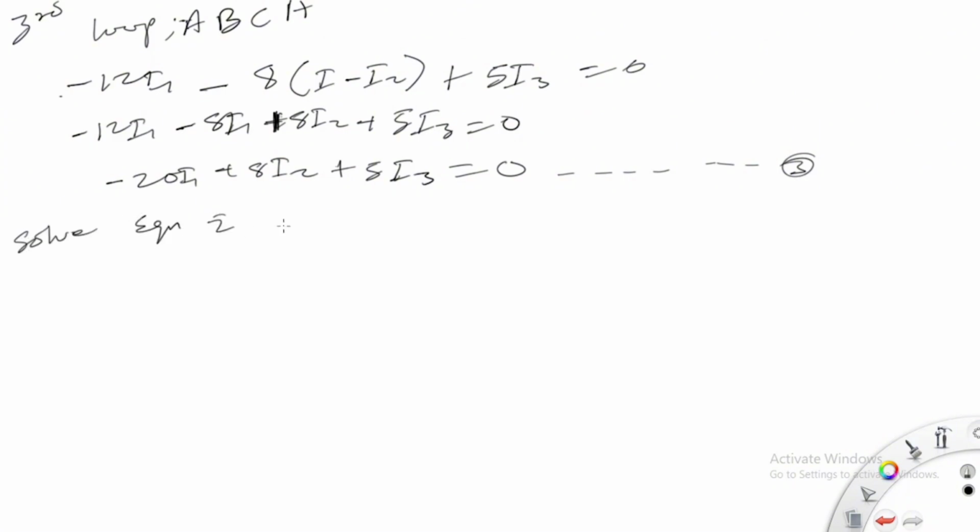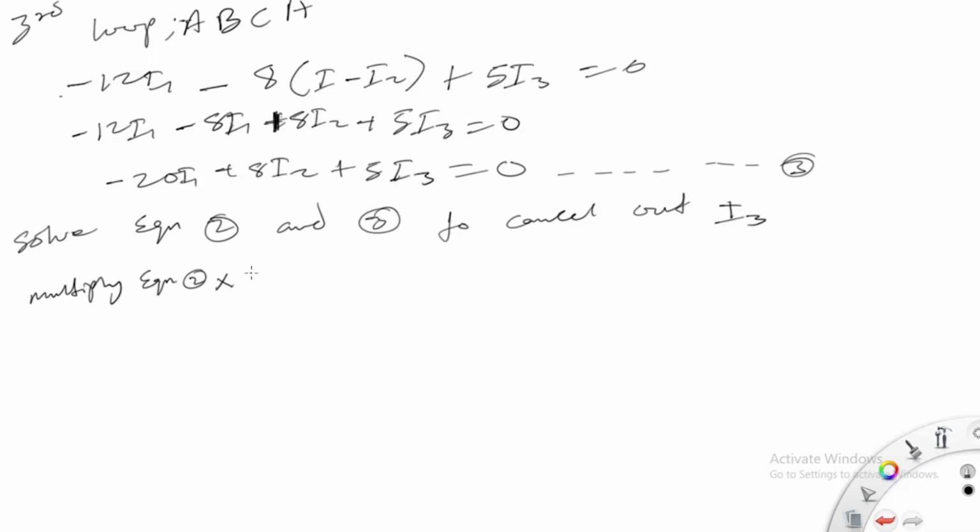So let's solve equations 2 and 3 now, to cancel out I3. How do we do that? Let's multiply equation 2 by 5. Doing that, we would have minus 60I1 plus 75I2 minus 20I3 is equal to 0.